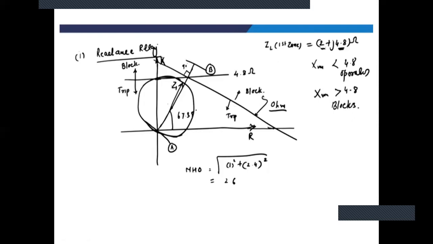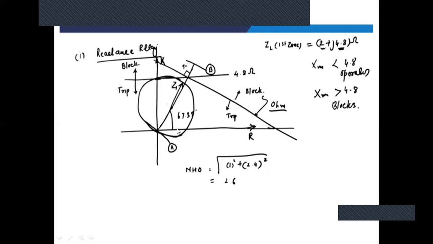Okay, so this was all about the Ohm relay. Now let us see the third point, that is the Mho relay. As we have discussed, the Mho relay is a relay having a circular characteristic. You can see this circular characteristic belongs to the Mho relay.